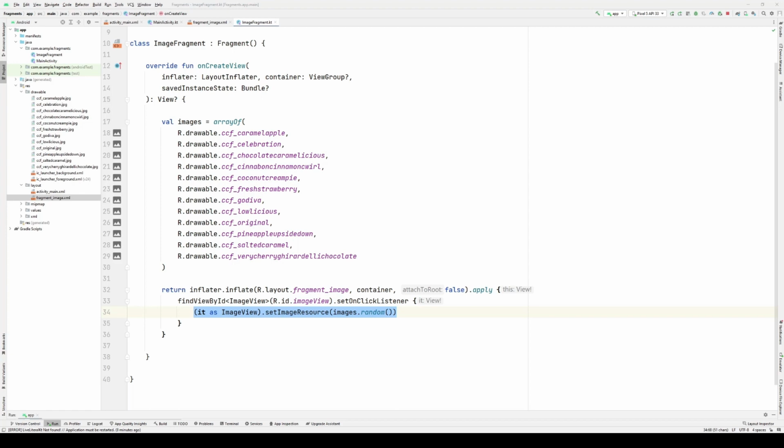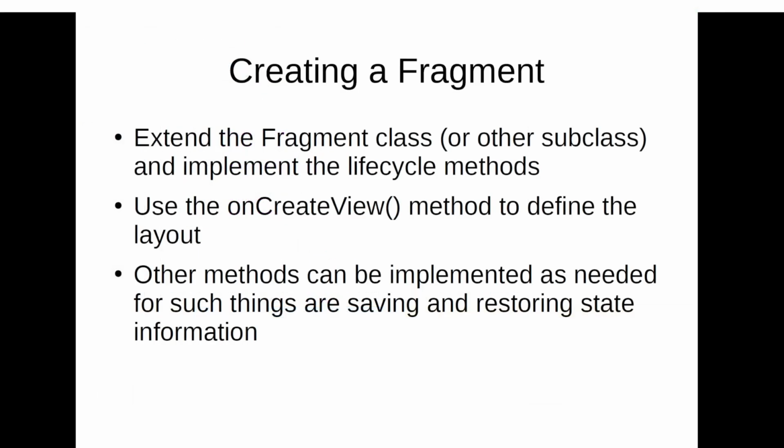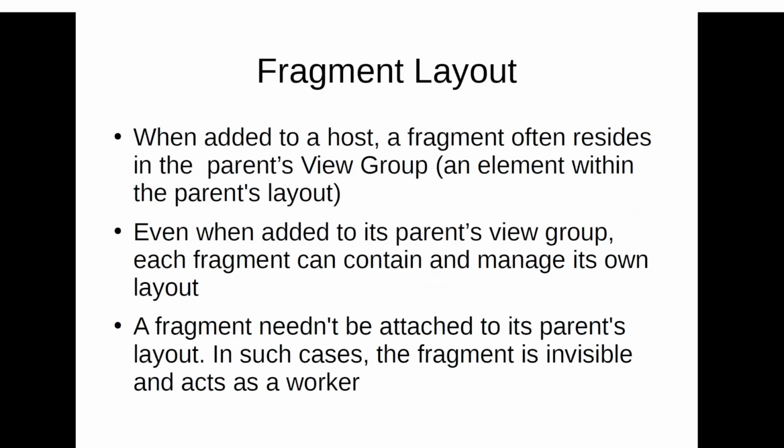What I need to do now is add this fragment to my activity. Now, when I add a fragment to my activity, what we're going to see by default, and certainly in our case, is that the fragment's layout is going to be displayed inside the parent, inside the activity. So it will essentially become a part of the parent's view group.